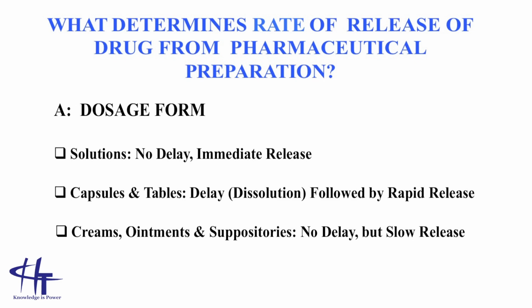Now, capsules and tablets usually delay the release. When we talk about release of the drug, we basically mean the active moiety or the active ingredient of this pharmaceutical preparation.